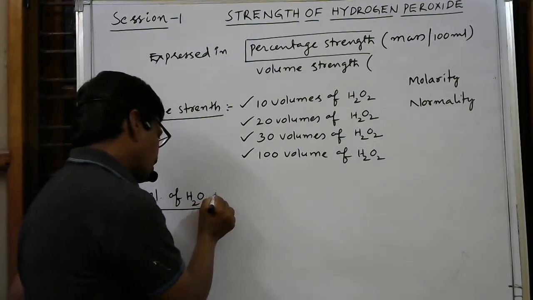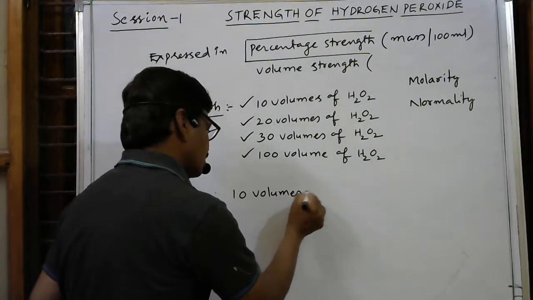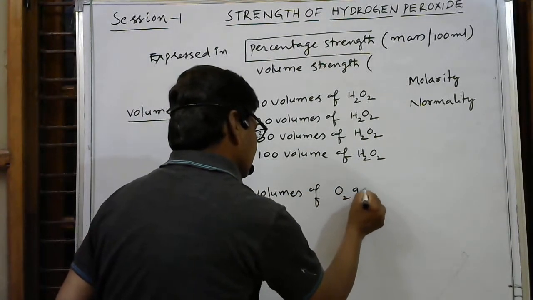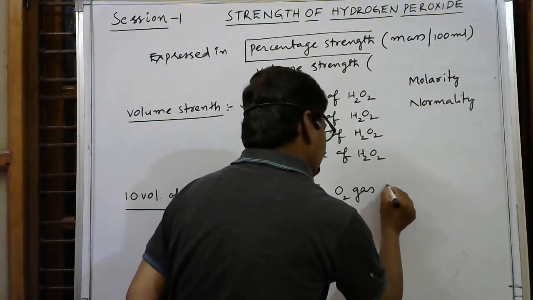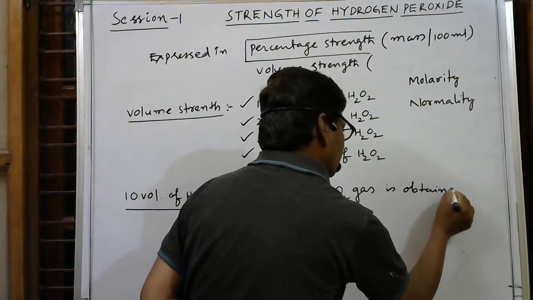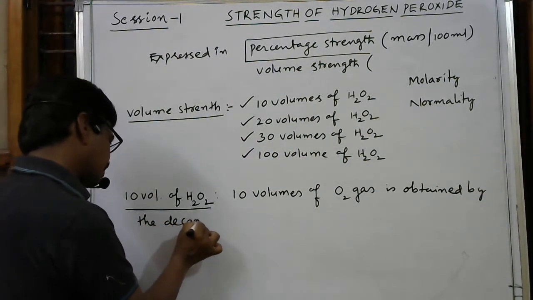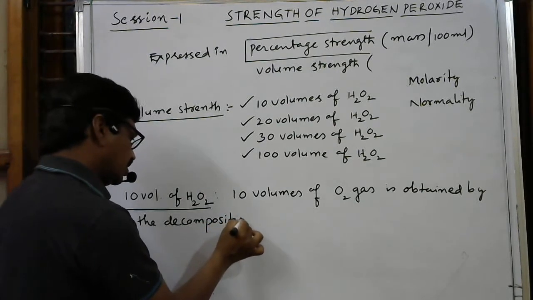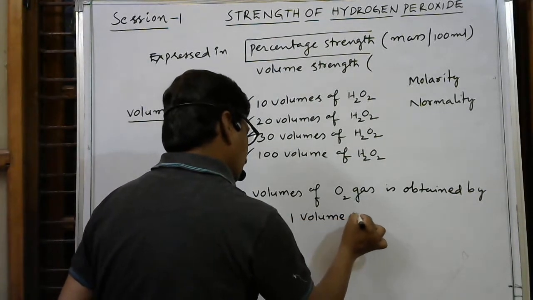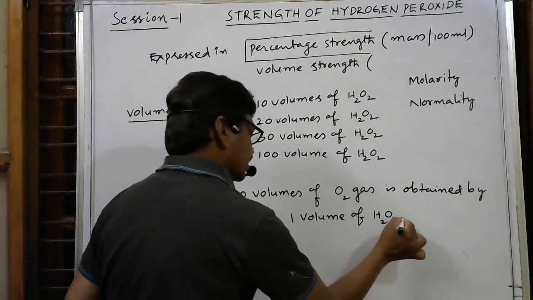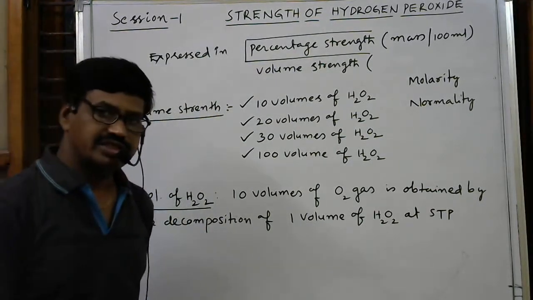Here 10 volumes of hydrogen peroxide means 10 volumes of O2 gas is obtained or liberated by the decomposition of one volume of hydrogen peroxide at STP or NTP, we can say standard temperature and pressure conditions, we can write.